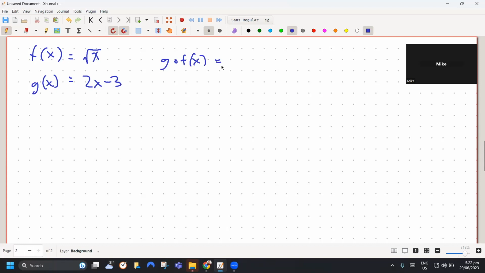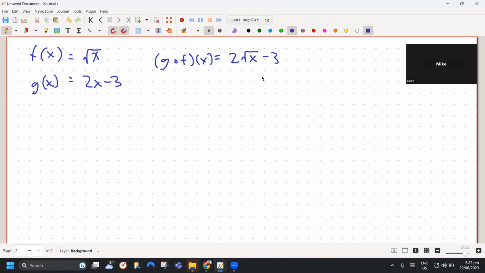Lagyan mo ng parenthesis yung g circle f of x. So that's equal to... okay.